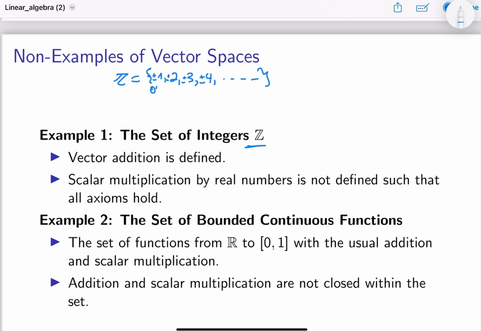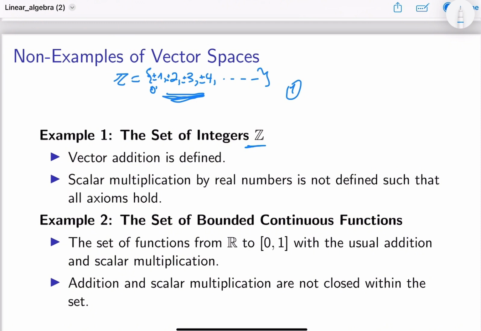For example, if we want to prove Z is a vector space, now Z is not a vector space over R, we will have to check closure under addition and scalar multiplication. Now addition, it seems that when we add any two elements of these, we still get an integer, right? If we add 4 and 9, we still get an integer.